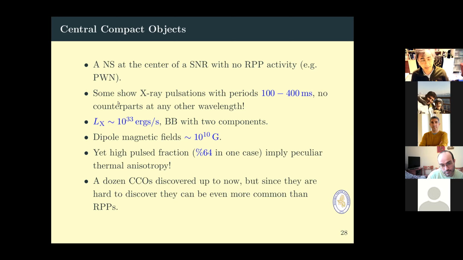Up to date, about a dozen central compact objects were discovered, but they are hard to discover, since you need to find a supernova remnant first, and then you have to look at the center to find a neutron star. If it is not acting like a rotationally powered pulsar, or it doesn't show the magnetar burst, then you would just say this is a central compact object.